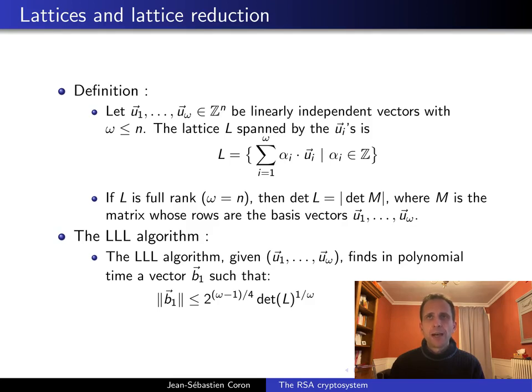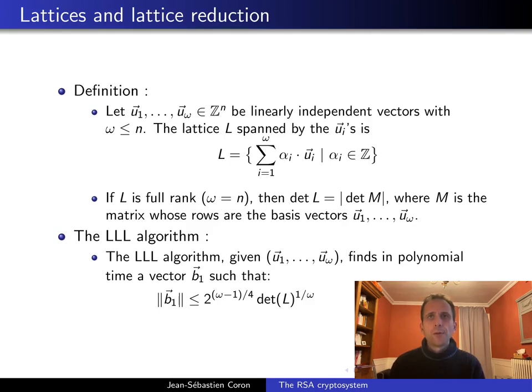So the coefficients alpha i must be integers. And if the lattice is full rank, meaning that omega is equal to n, so the number of vectors is equal to the number of components, then the determinant of the lattice is equal to the absolute value of the determinant of the matrix M that defines these vectors.